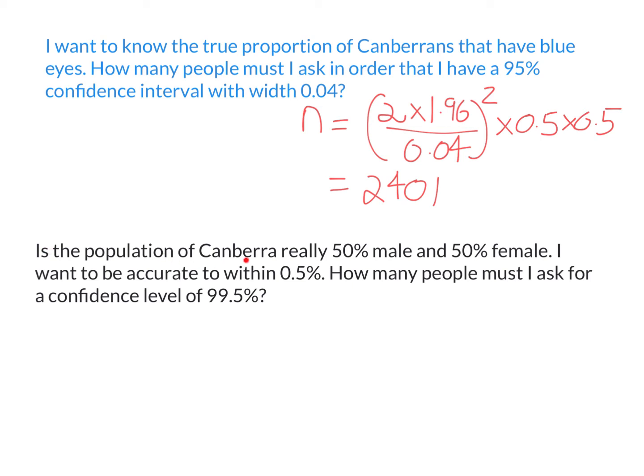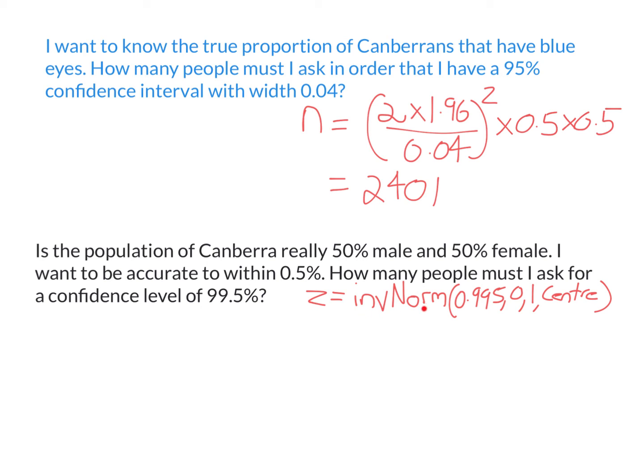So let's look at this question here. So I want to know if the population of Canberra is really 50% male, 50% female. And I want to be accurate within 0.5%. So how many people must I ask if my confidence level for my interval is 0.995? So firstly, I'm going to calculate what value of z to use at this confidence level.